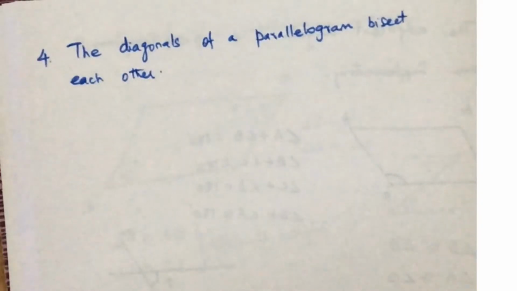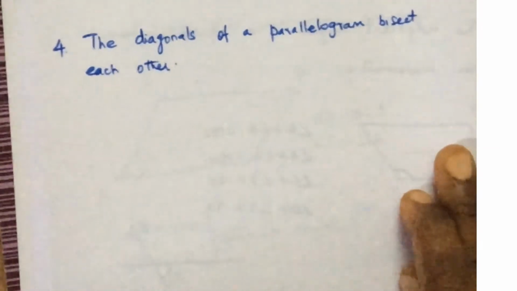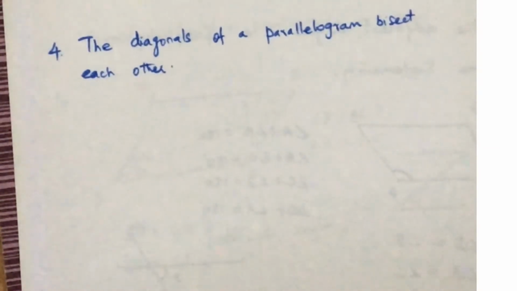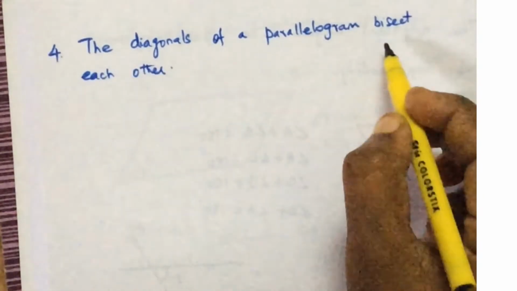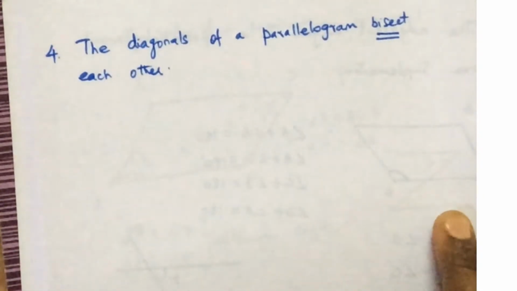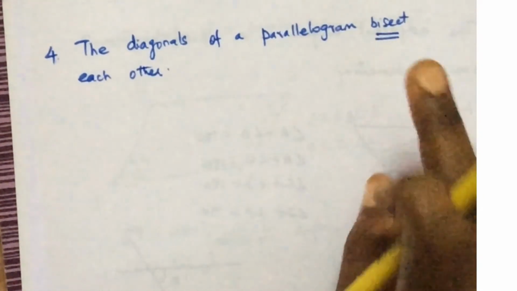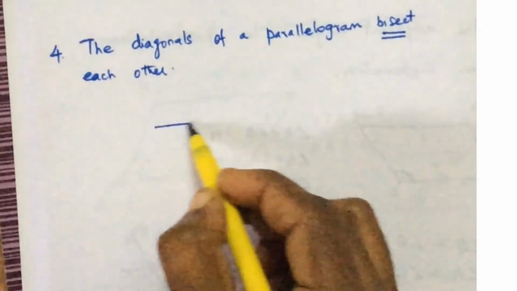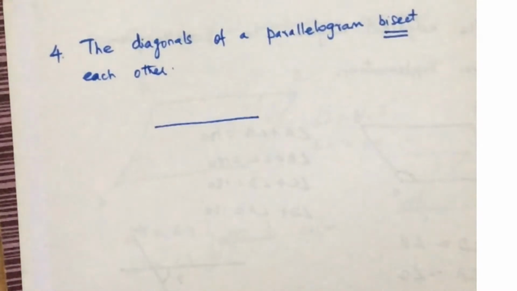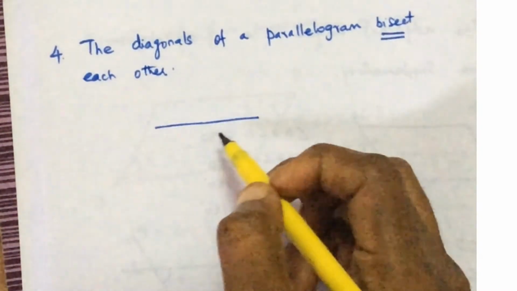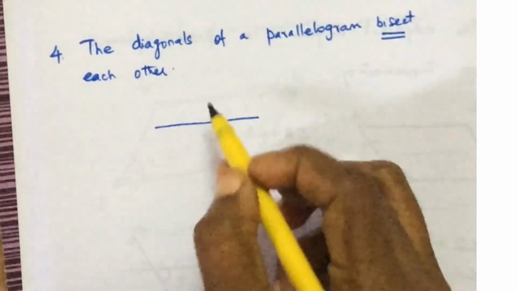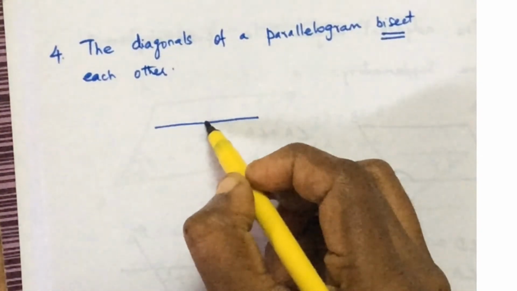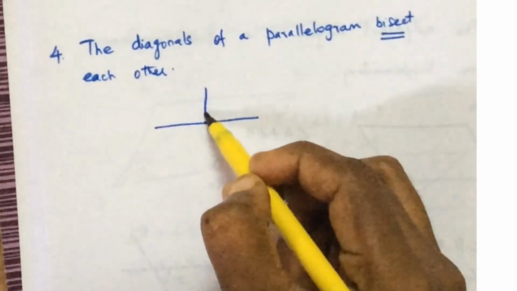The last property is that the diagonals of a parallelogram bisect each other. First, let me explain what the word bisect means. Bisect is to cut into two equal pieces. Consider I have a line like this. I want to bisect this line. What it means is I have to draw another line such that it cuts this line into two equal pieces. Suppose this is the center point. So I am cutting with another line.